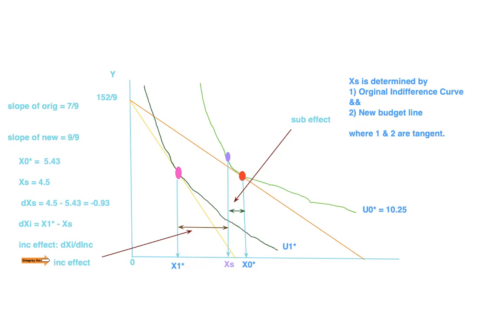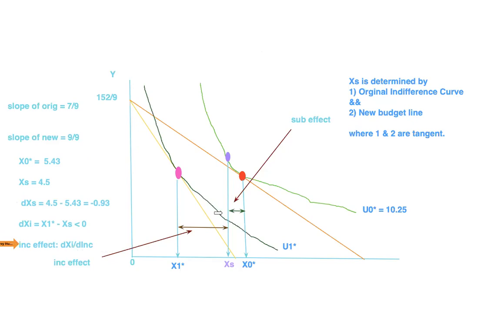So the big picture is that even though DXI, in this example, if we calculate it, is going to be less than 0, it's still a normal good because the income effect, calculating it the way that we should, meaning as this ratio, is still going to be positive.